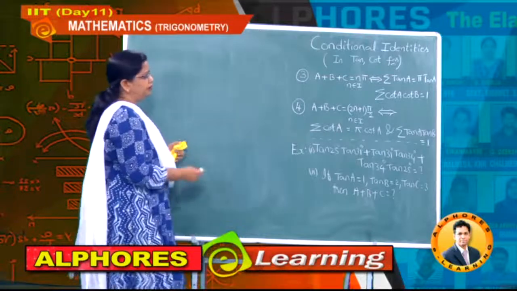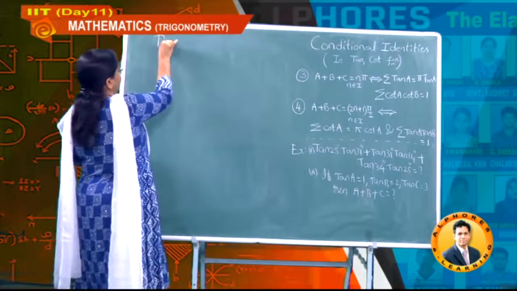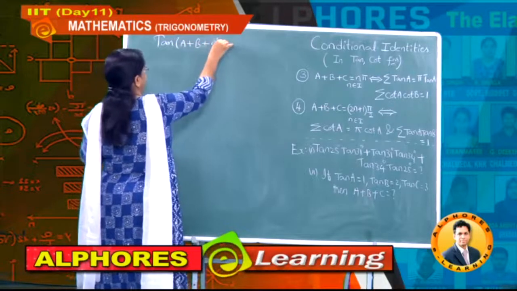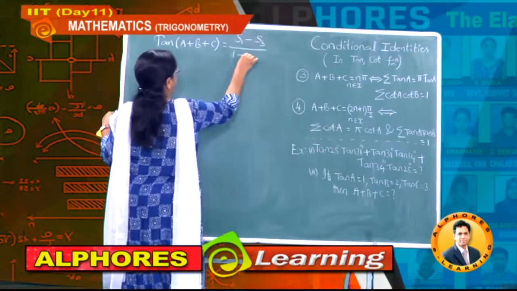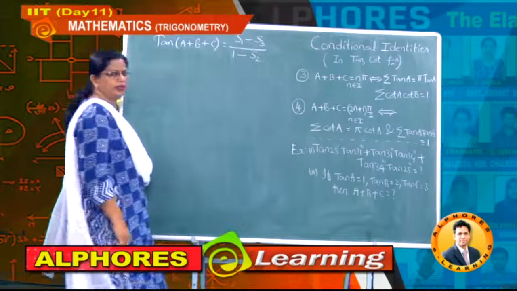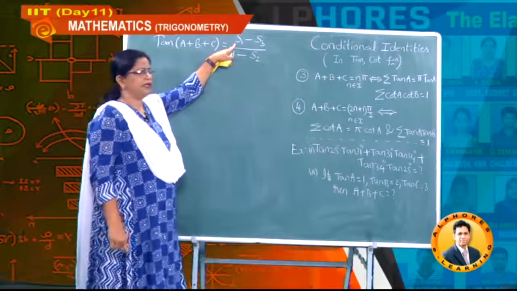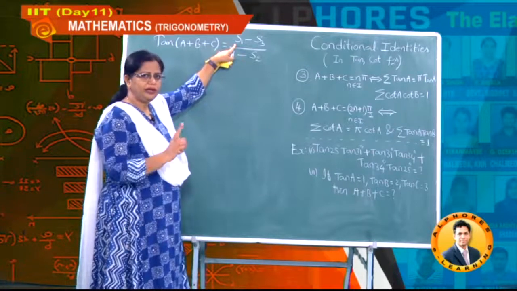I think all of you remember that in previous sessions we discussed tan of (A + B + C). What is the formula? It is nothing but (S1 - S3) divided by (1 - S2). S1 represents tan A + tan B + tan C, the sum of terms taking one at a time.